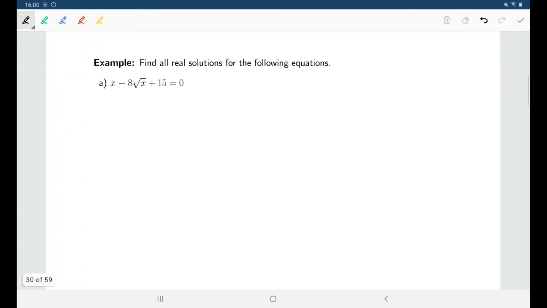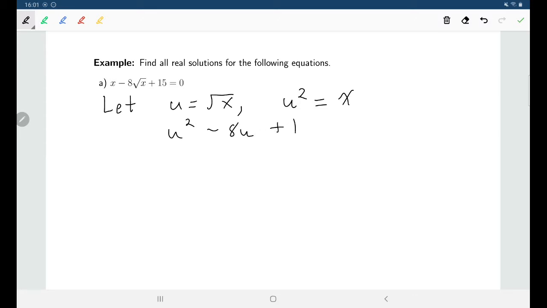So as we said, the idea is that we are going to do a substitution here, letting u be equal to the square root of x, and that means that u squared would be the square root of x squared, which is the same thing as just x. So that we would have u squared minus 8u plus 15 equals 0.